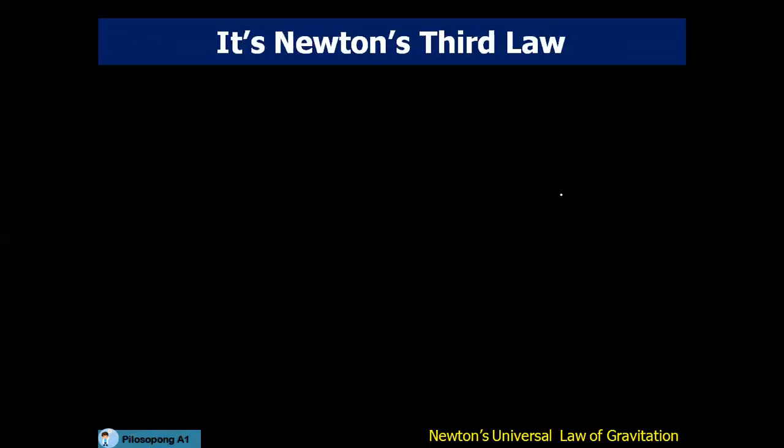Though we use the second law to formulate the equation for Newton's universal law of gravitation, we can confidently say that this is also an extension of Newton's third law.